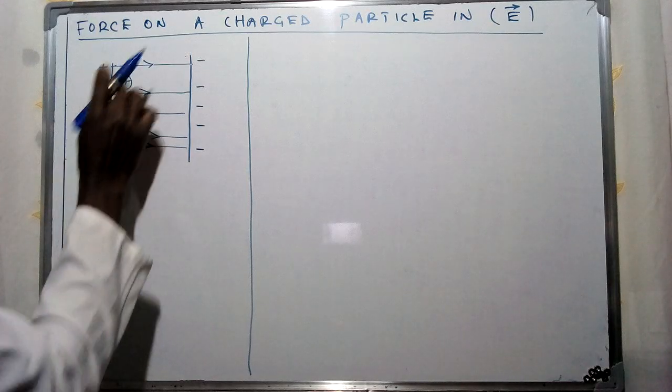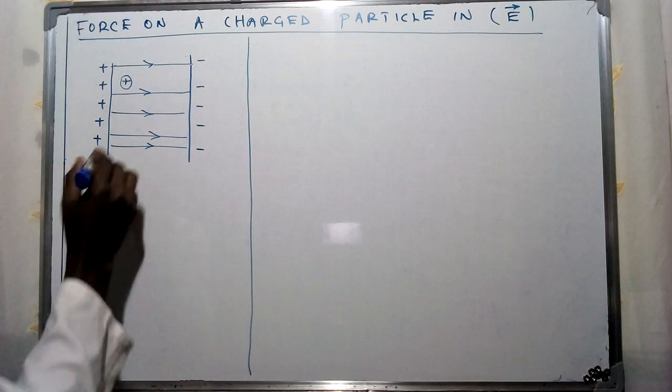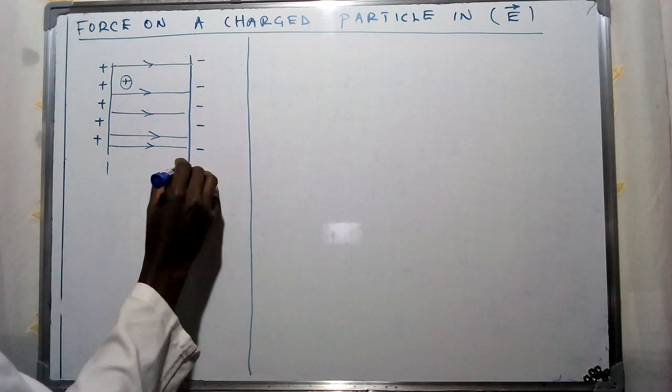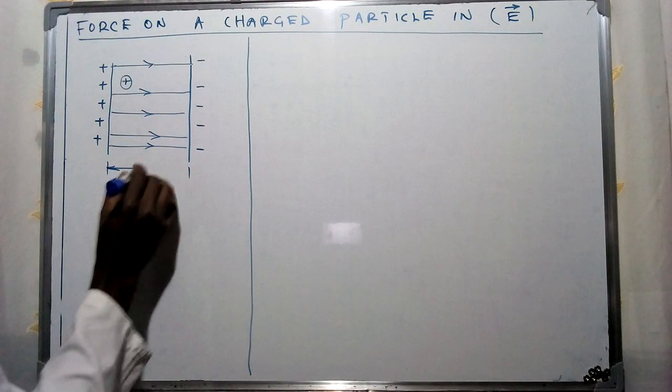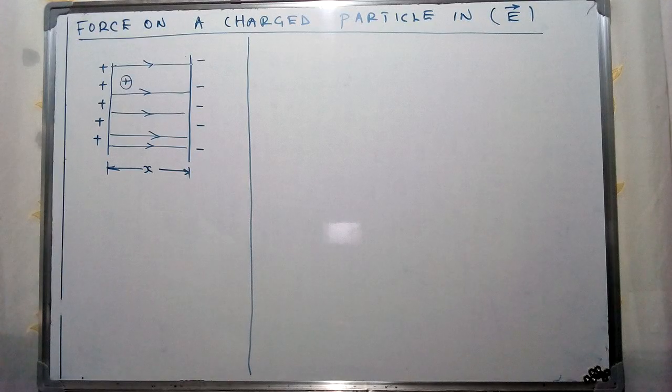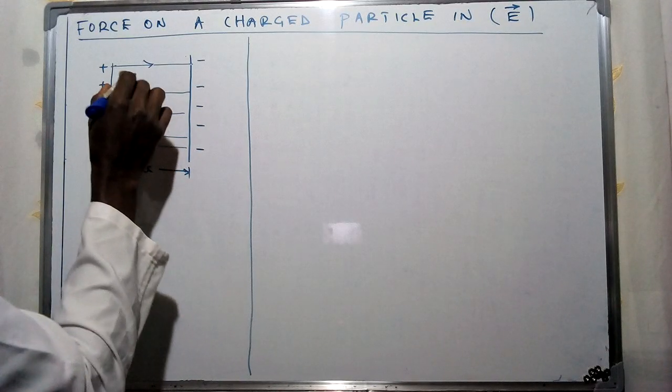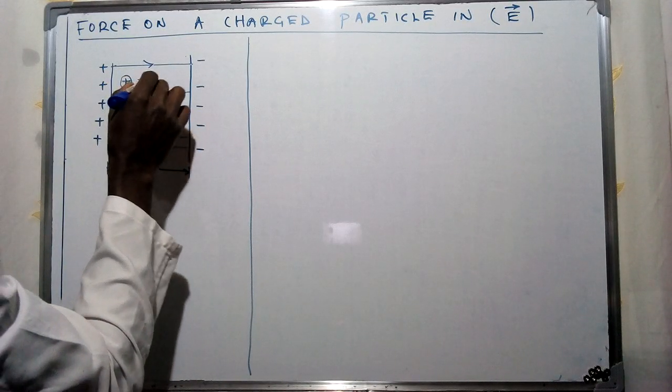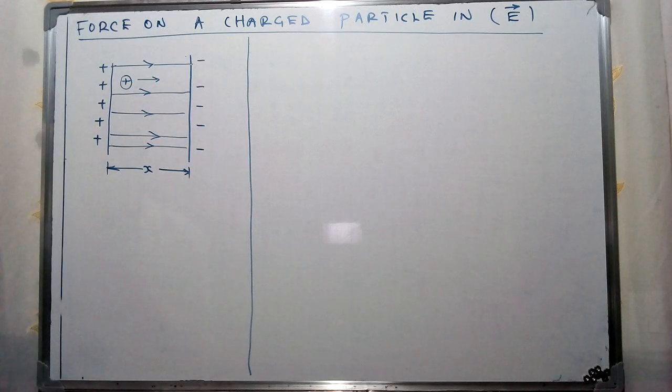Now, if the proton is situated at this specific point, we're going to consider the distance between this positive and negative plate, and we can give this in terms of x. This proton is going to be moving in this specific direction.